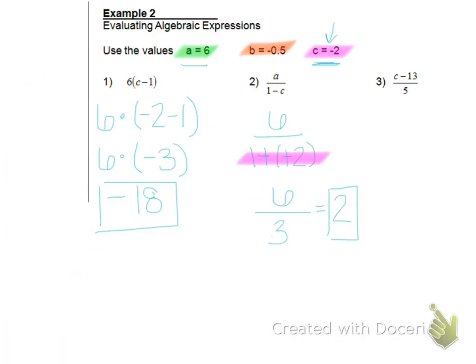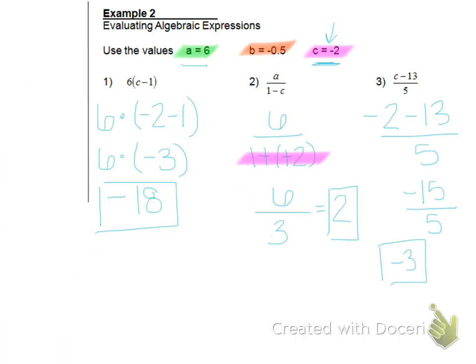Lastly, C minus 13 divided by 5. Well, C has a value of -2, subtracting 13, and dividing by 5. So first we need to evaluate -2 minus 13. -2 minus 13 is -15, and that's still divided by 5. -15 divided by 5 is -3.